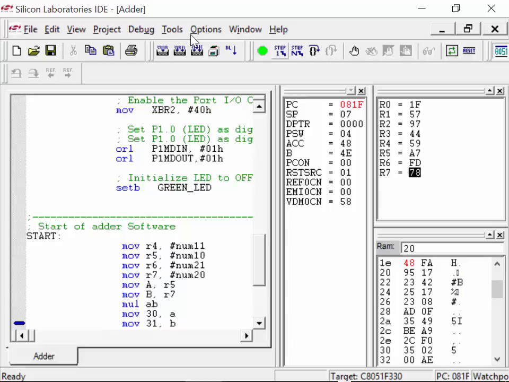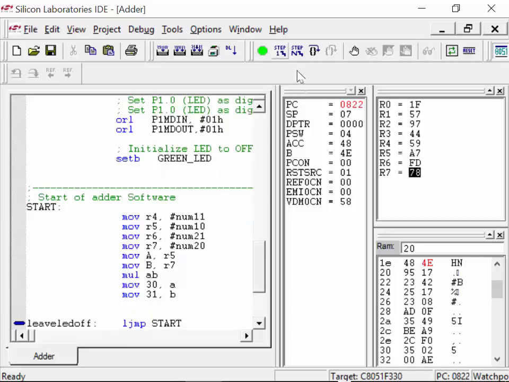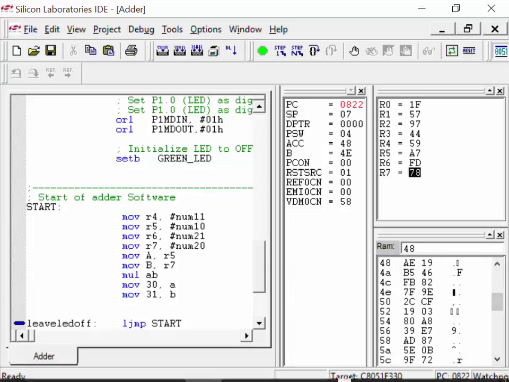The 30 contains, and why did we not see our memory locations change? That doesn't make sense. All right. Let me look at my map again here.